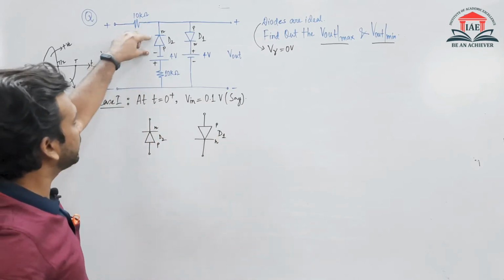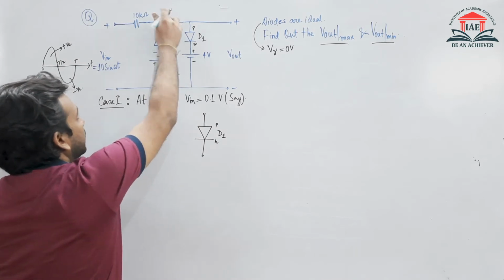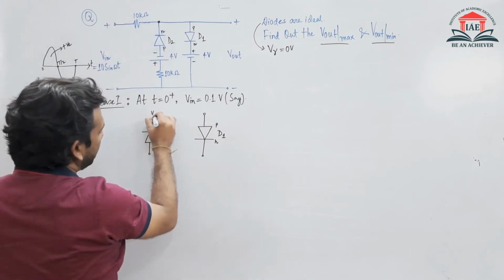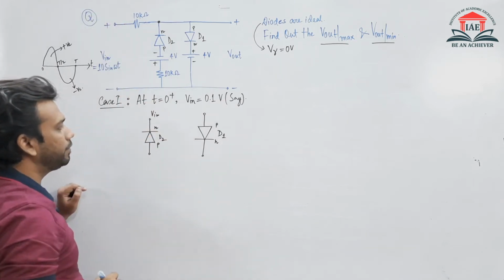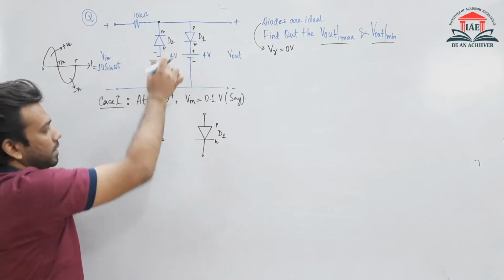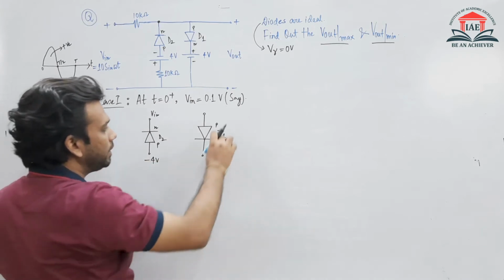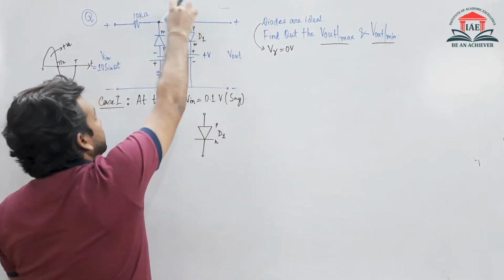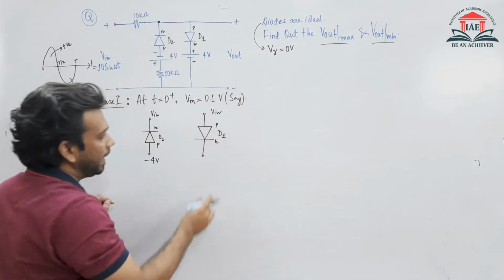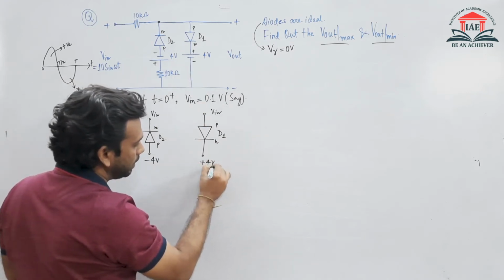Now if you look at the circuit carefully, what will be the voltage? Here, this side is connected to the input voltage, so we can say that here will be near about the input voltage. And what is the voltage at the P side? The P side is given by minus 4 volt. Similarly, in the D1 diode, the P side is connected to the input voltage, and the N side is connected to the positive 4 volt.